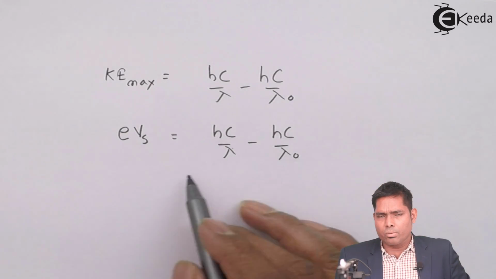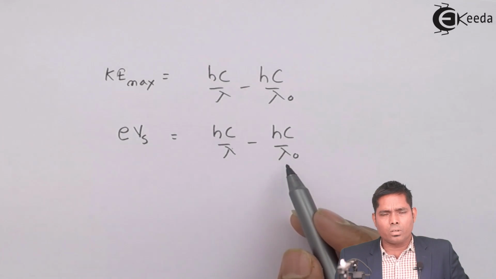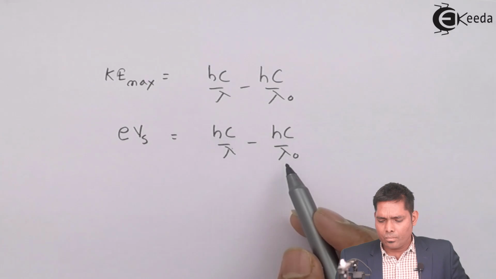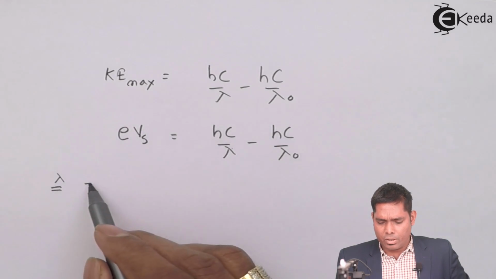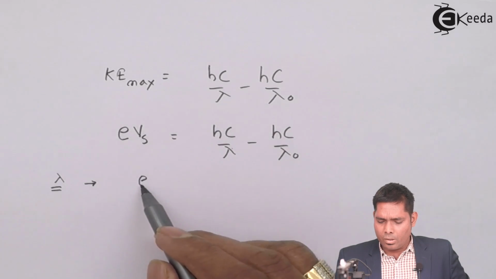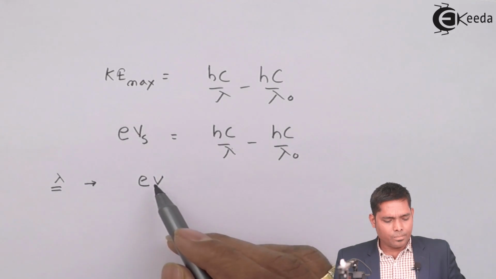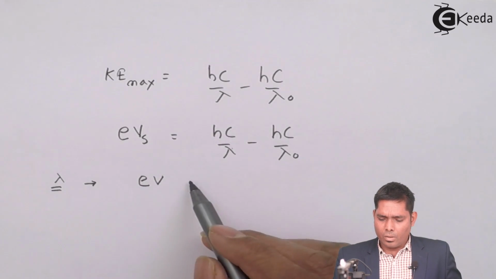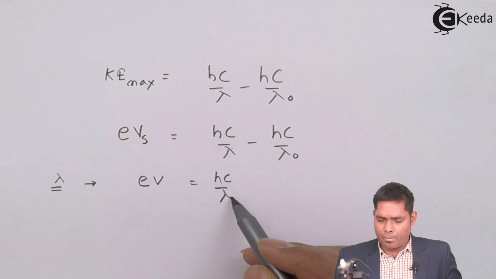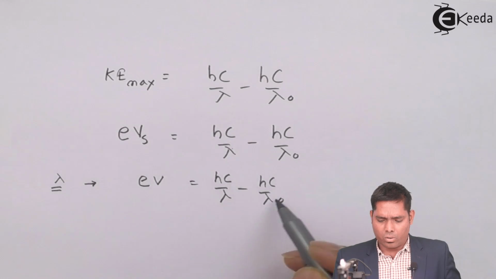I have to use this equation two times, once for the wavelength lambda and once for the wavelength 2 lambda. For the first situation, the equation becomes eV, because the stopping potential is V, equals hc by lambda minus hc over lambda naught.